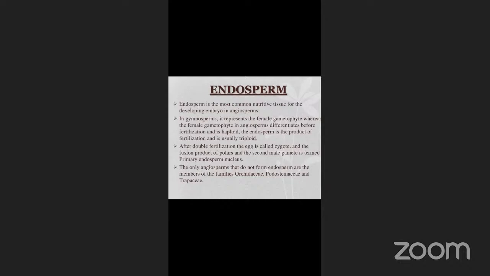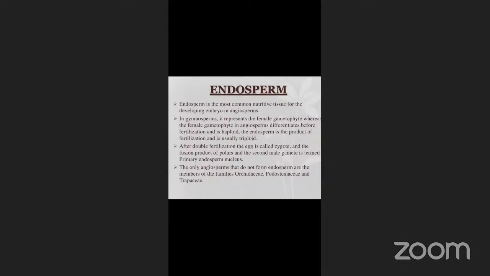These are released in the ovule. One male gamete goes to the secondary nucleus already present in the embryo sac. The secondary nucleus means two nuclei are fused.